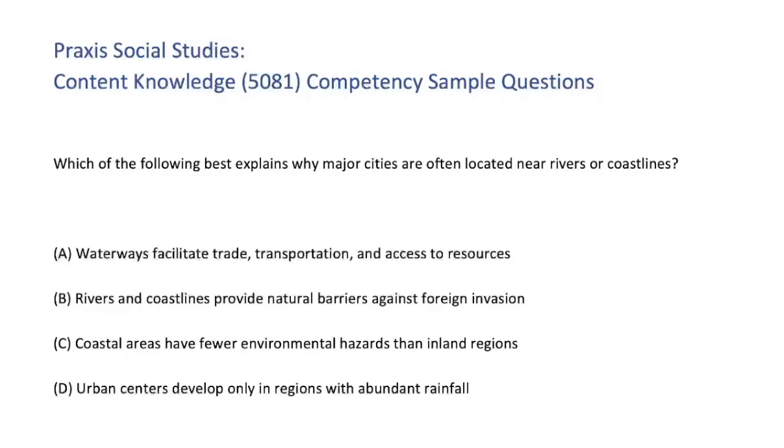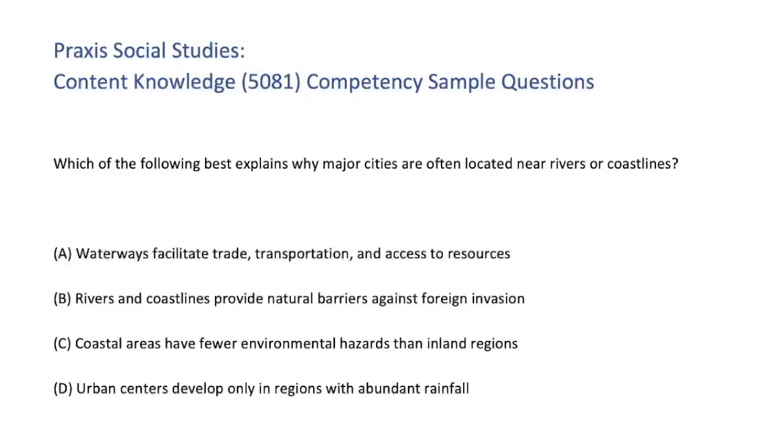Which of the following best explains why major cities are often located near rivers or coastlines? Would it be A, waterways facilitate trade, transportation, and access to resources? B, rivers and coastlines provide natural barriers against foreign invasion? C, coastal areas have fewer environmental hazards than inland regions?